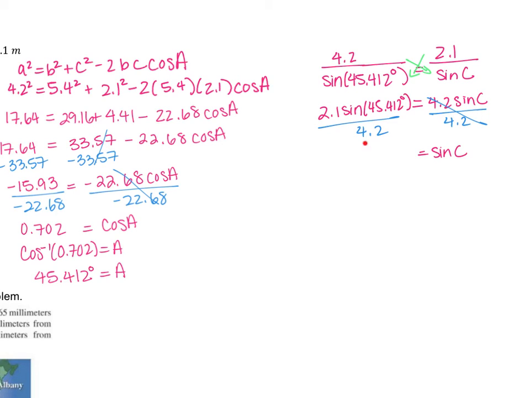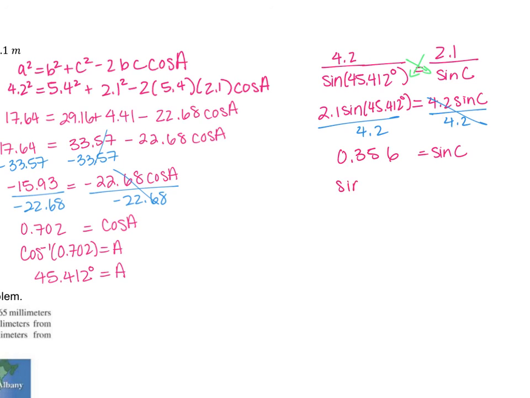And I'm just going to go ahead and plug that into my calculator. So that's going to be 2.1 times sine of 45.412. Divide that by 4.2. And I get about 0.356.